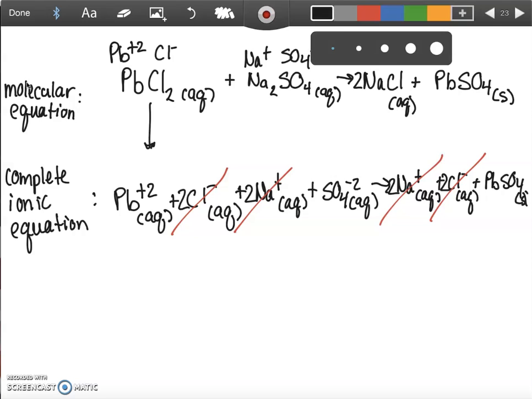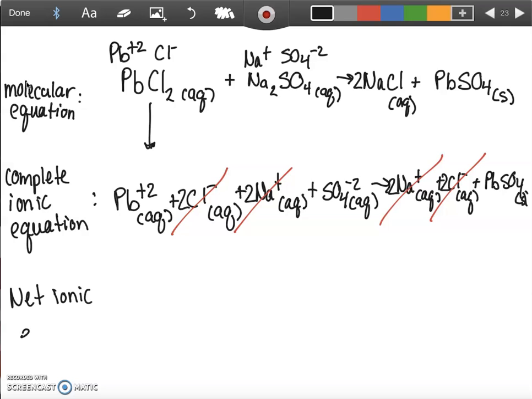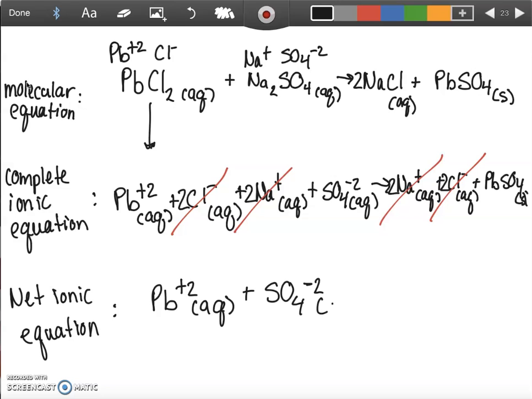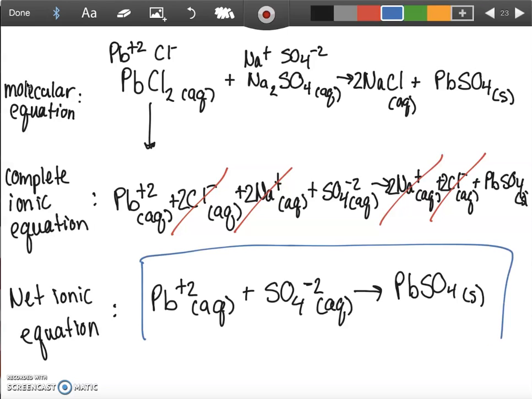And now we are ready to do our net ionic equation. Alright, we have Pb2+ aqueous plus SO4 2- aqueous reacts to form the PbSO4 solid, and that is the complete and balanced net ionic equation.